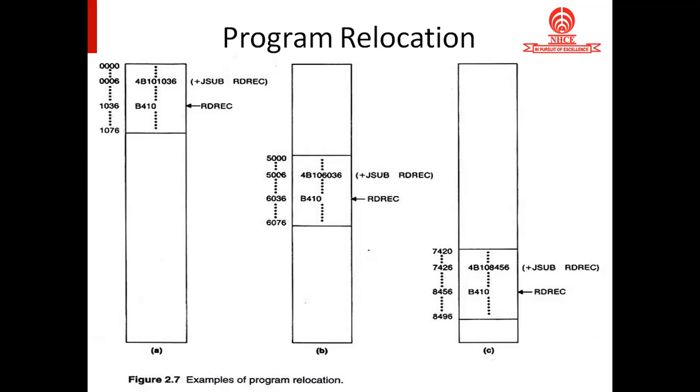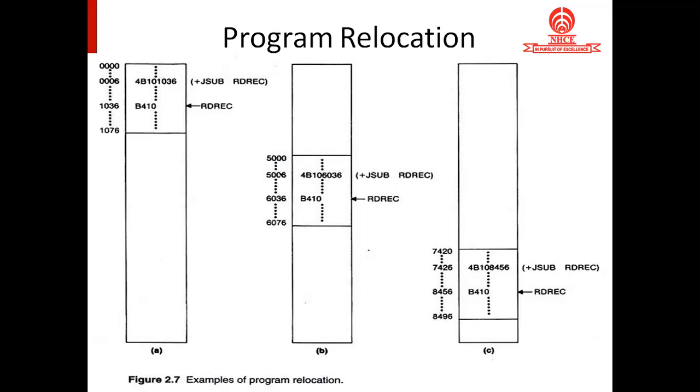This is the instruction which I showed you in the previous session also, to calculate the object code. In the SIC program, I explained how to calculate the object code, and for format 4 and direct addressing, how the calculation happens, that I discussed in the previous session. That's how we got the object code 4B101036 for the instruction JSUB RDREC.